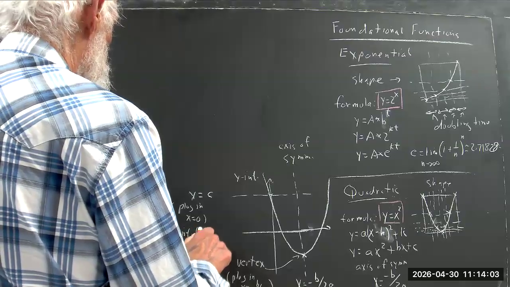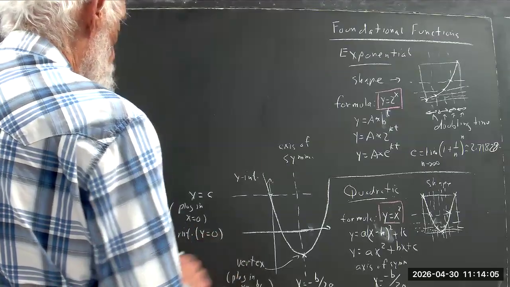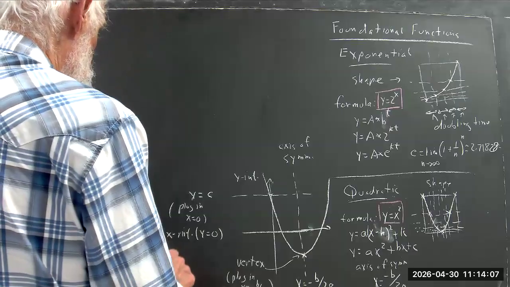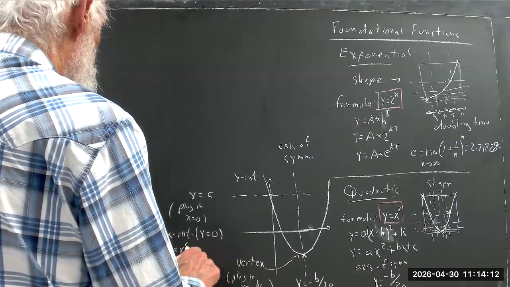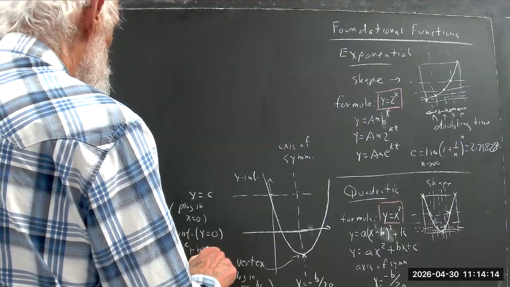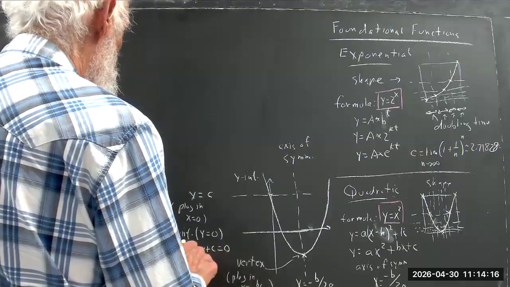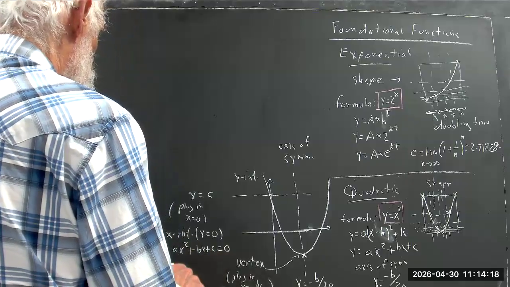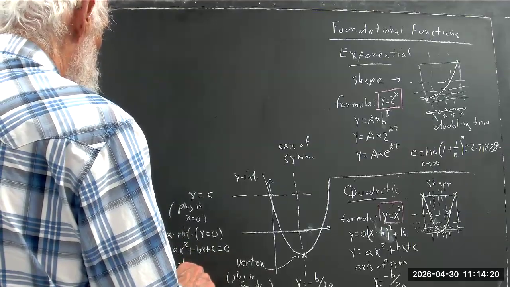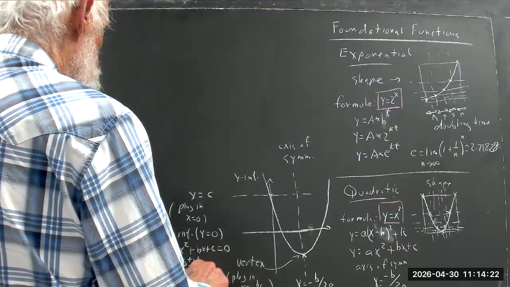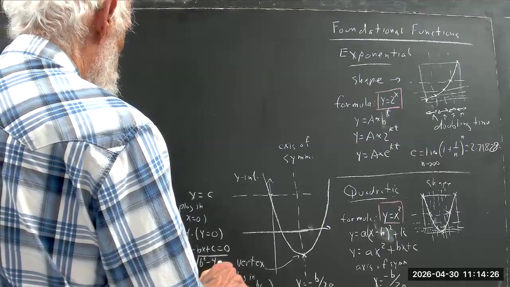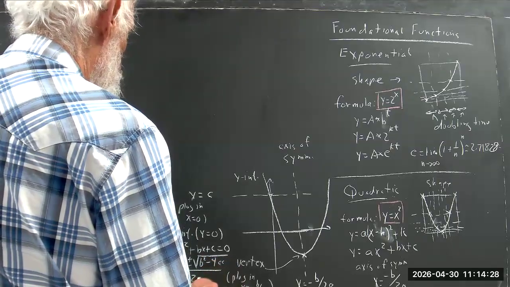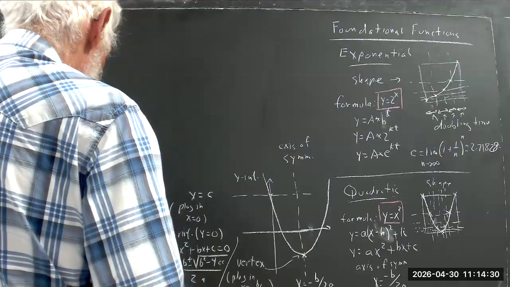The x-intercepts occur when y equals 0. So ax squared plus bx plus c equals 0. And x equals negative b plus or minus the square root of b squared minus 4ac, all that divided by 2a.